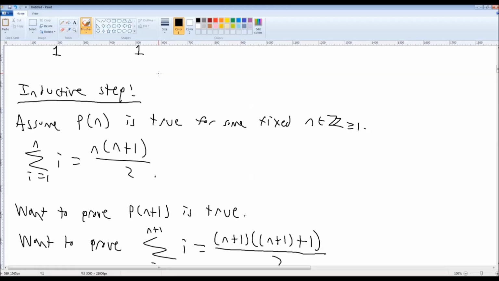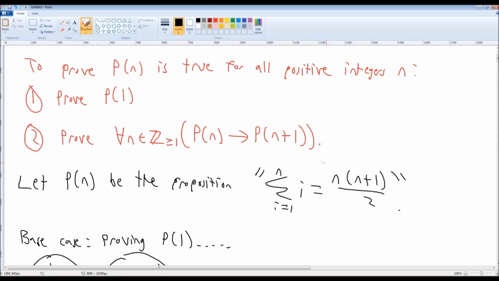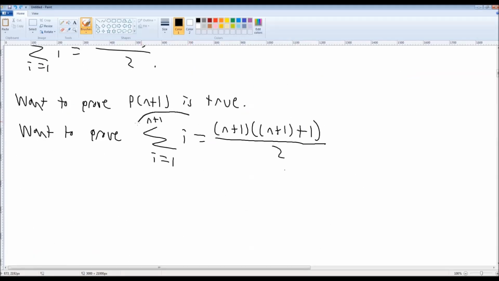Okay, because P of n is this formula, and here n is a dummy variable. So P of n plus 1 is what the formula is if you change all the n's to n plus 1's. Okay. All right, so we want to prove that this is true. If we can do that, we're done.